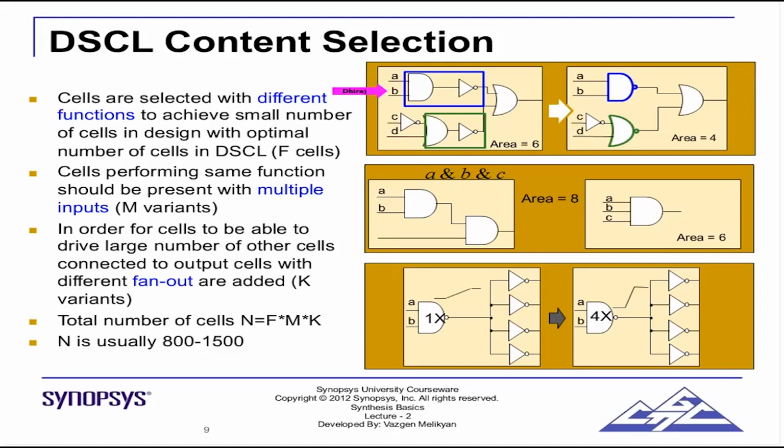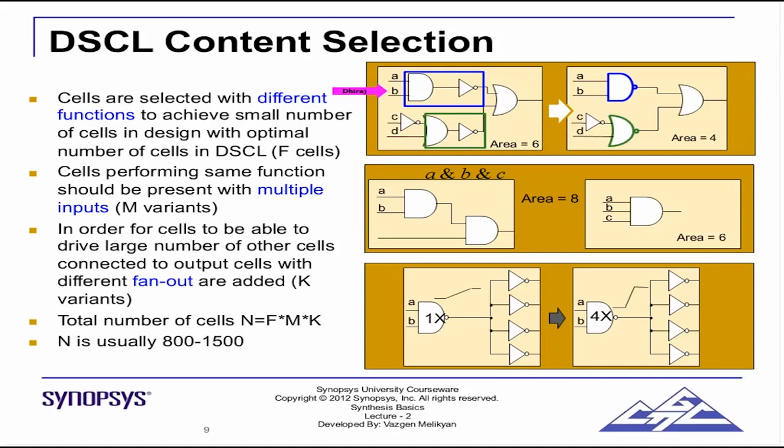Now, assuming that, let's go to the first criteria. You have, let's say, F cells, which represent different complex functions. You have M variants of each of the cells, meaning you have 2-input, 3-input, 4-input gates.